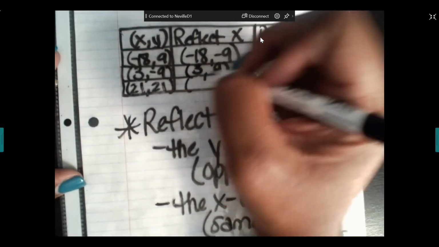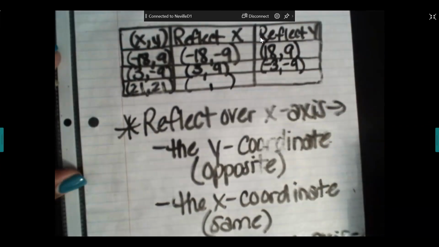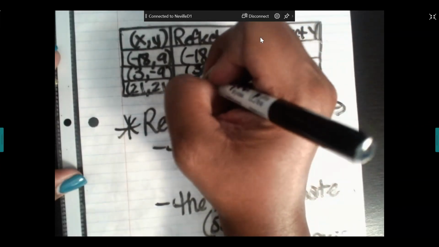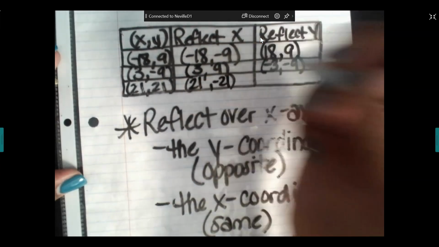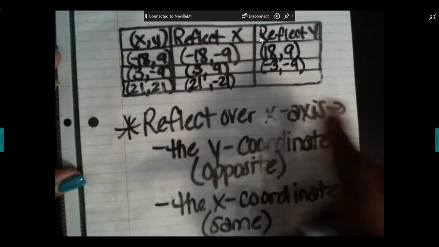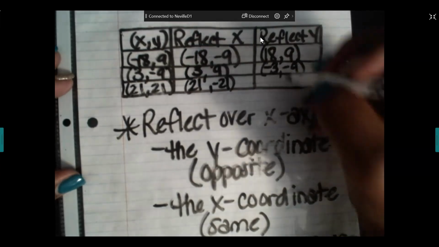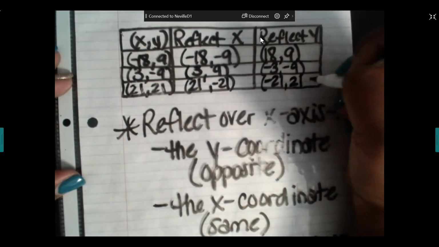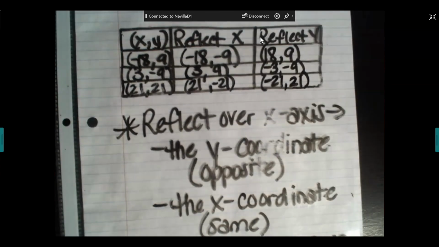What would it be when I reflected over that x? (21, -21). What about when I reflected over the y? (-21, 21). It's a bit confusing, but I promise it gets easier as we go on.